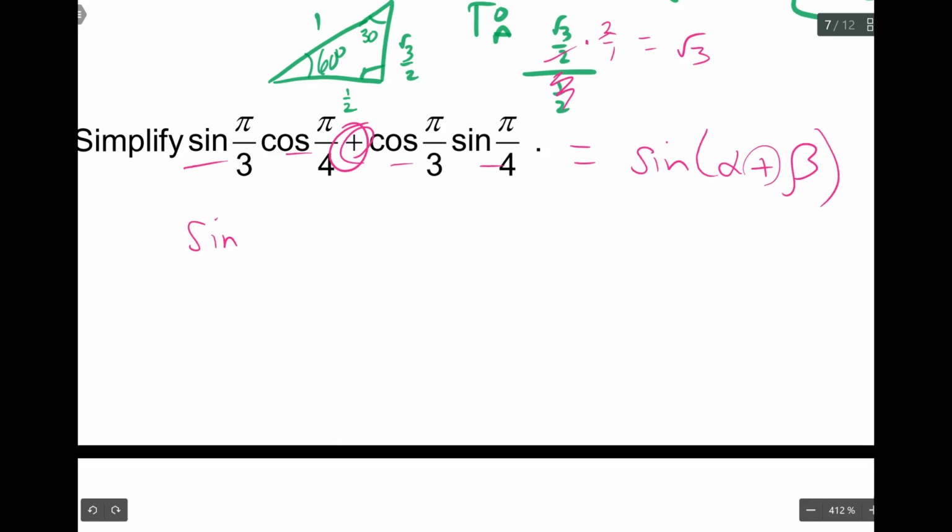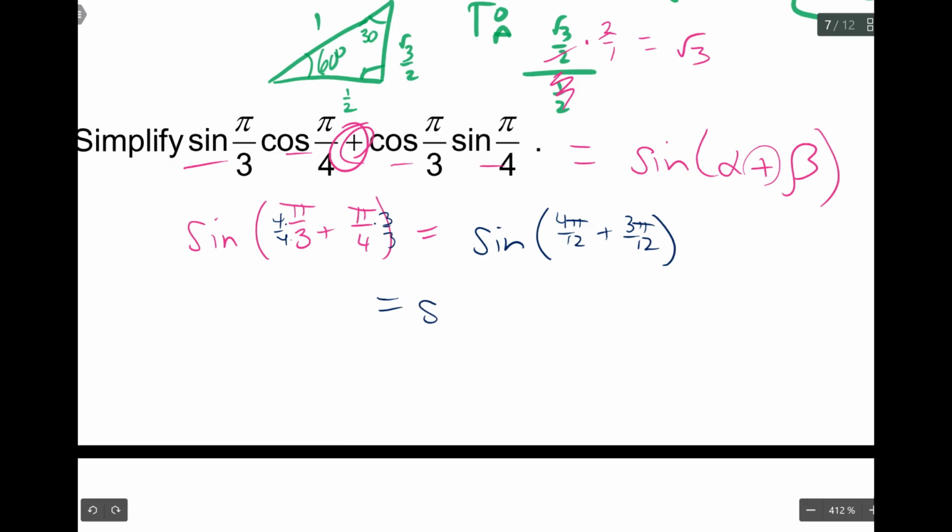This is the same as sine of pi over 3 plus pi over 4. The common denominator will be 12, so multiply by 4 over 4 and 3 over 3. It's sine of 4 pi over 12 plus 3 pi over 12, the same as sine of 7 pi over 12.